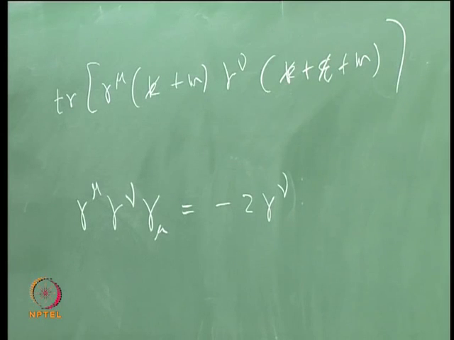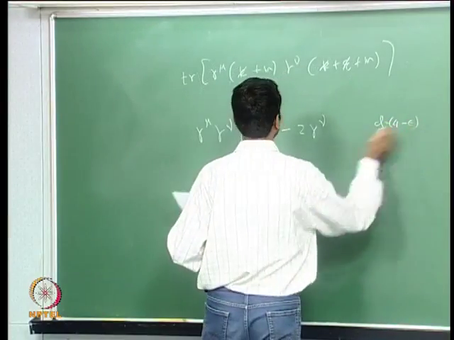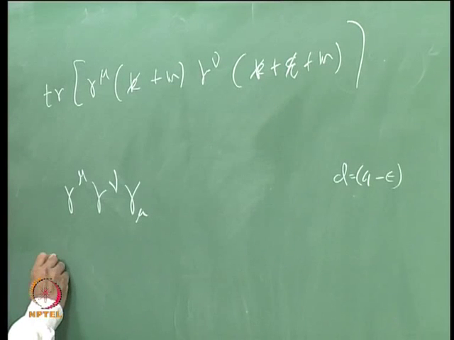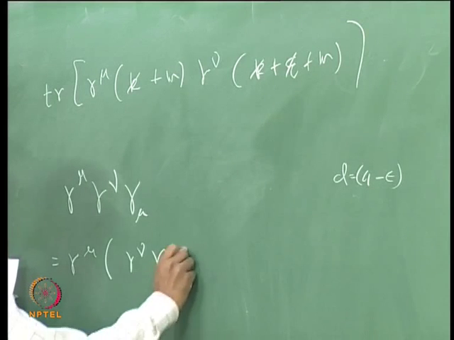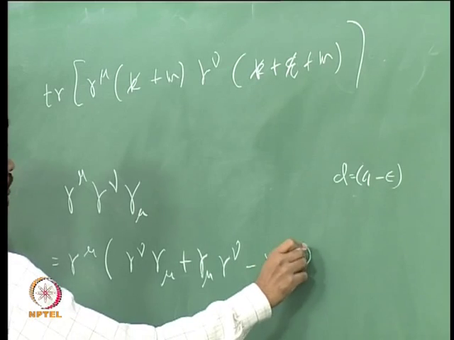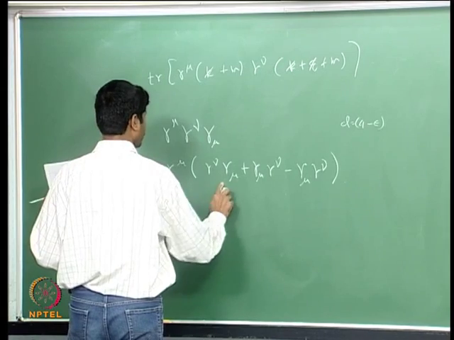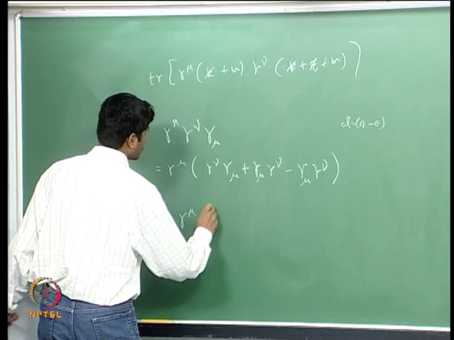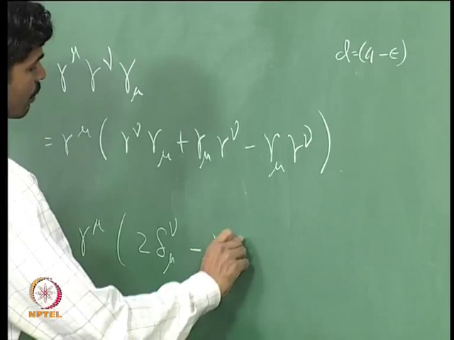However, in d dimensions, when d is 4 minus epsilon, you can see that this is nothing but gamma mu times gamma nu gamma mu, which is gamma mu (2 delta mu nu minus gamma mu gamma nu).